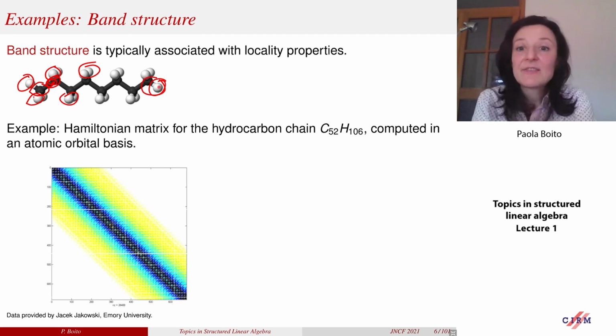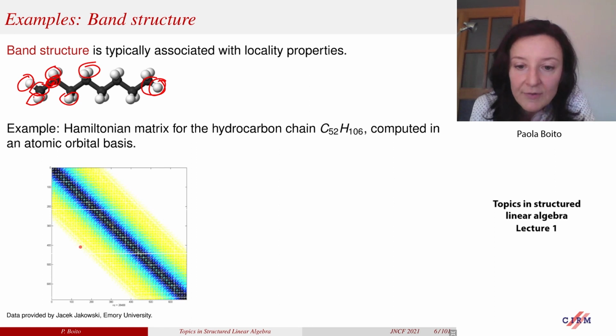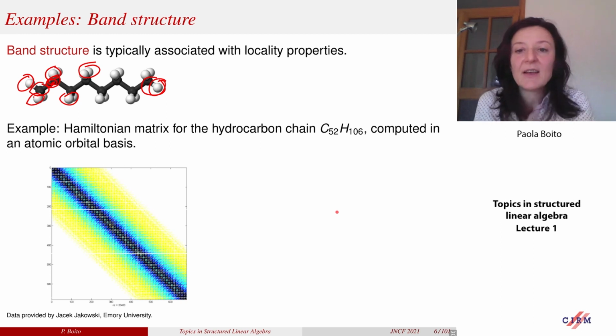Okay, and this physical intuition is reflected in the structure of the Hamiltonian matrix associated with the system. So this is the matrix, which is of size about 680 times 680. And in this plot, I have used different colors to indicate the order of magnitude of the elements. So darker colors like black or dark blue mean larger magnitude, larger elements. And lighter colors like light blue and yellow mean that the magnitude of the entries is decreasing.